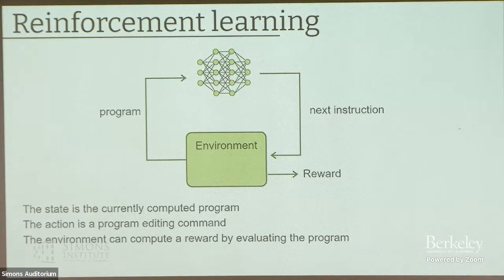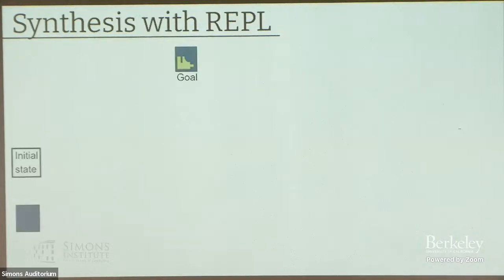In general, these kinds of schemes do better if you can have a reward that isn't just correct or incorrect program, but that can give you a sense of how close this program is to actually doing the right thing. We actually wrote an early paper on using this kind of approach to program synthesis.